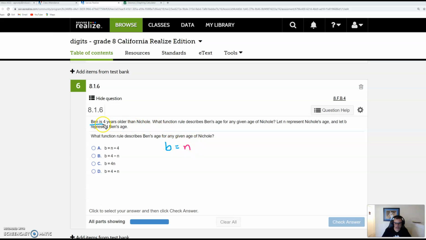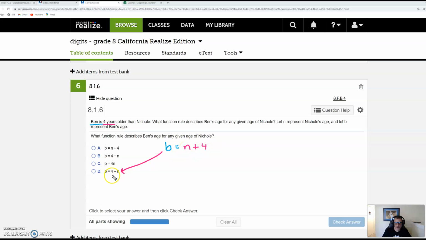Ben is 4 years older, so I have to add 4 to Nicole's age. For example, if Nicole is 10, then 10 plus 4 is 14. Ben is 14. If Nicole is 50, then I add 4 to it. Ben is 54.